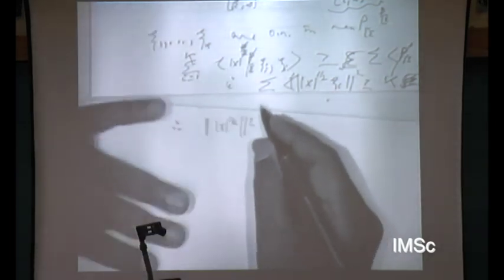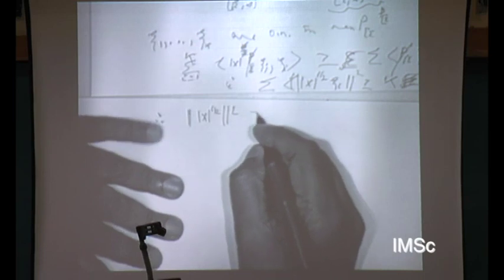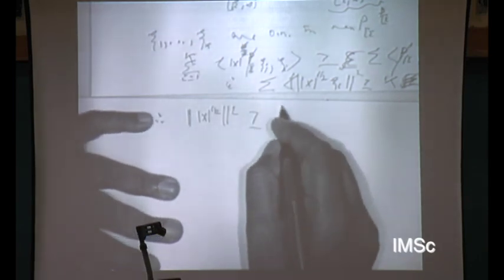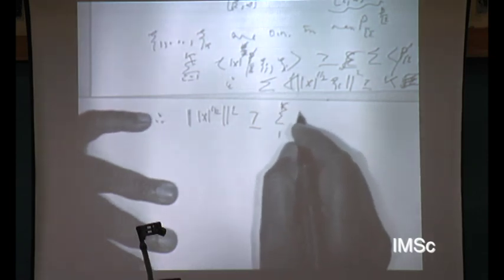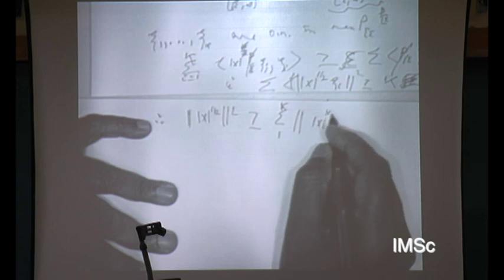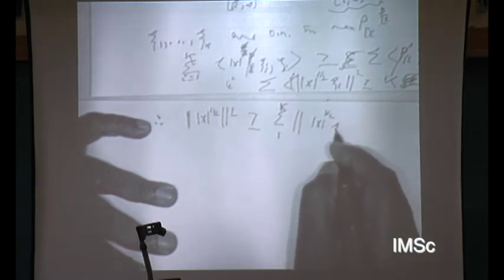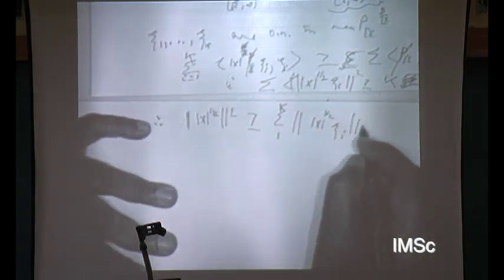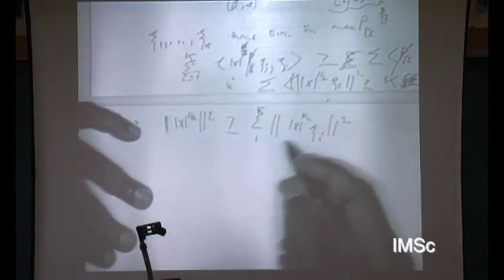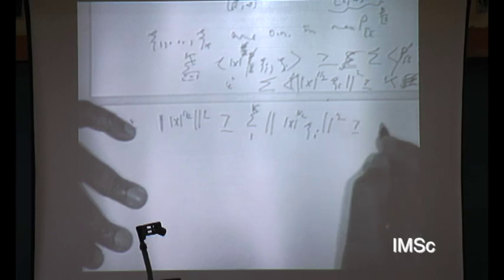Right? So this is going to be greater than or equal to the summation from 1 to k of the norm of mod x to the half xi i, squared.